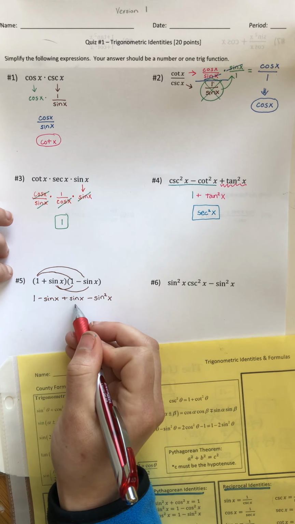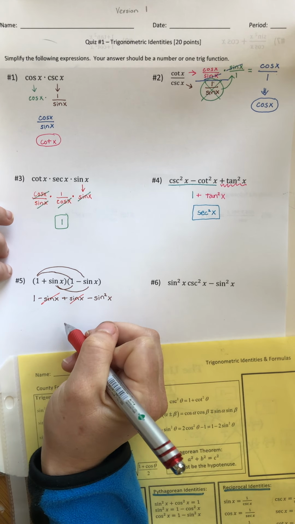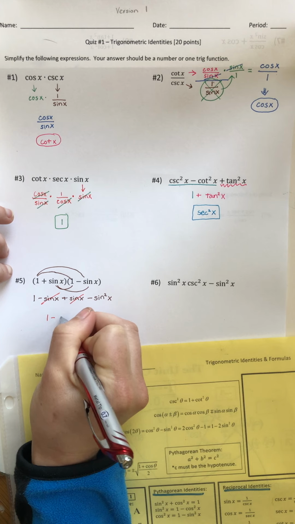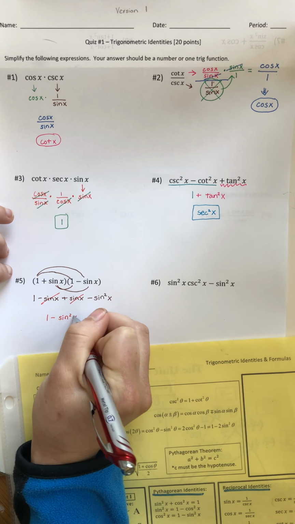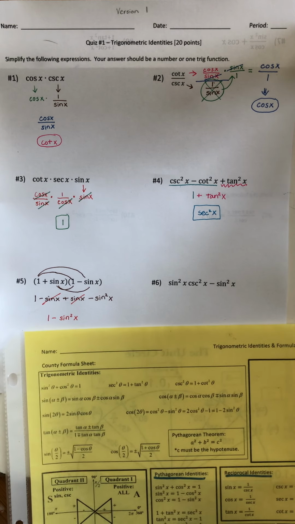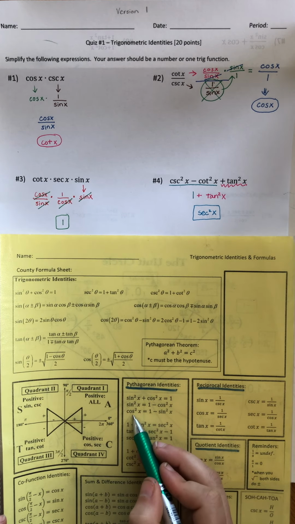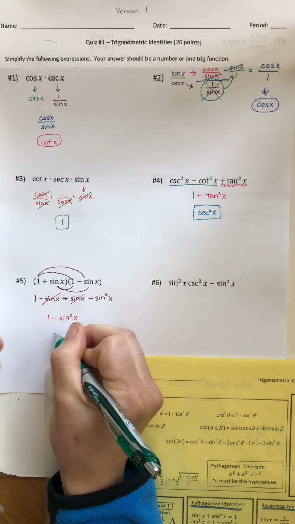Now negative sine x and a positive sine x, those can cross out because they make 0. So you're left over with 1 minus sine squared x. That is a Pythagorean identity. 1 minus sine squared x equals cosine squared x.